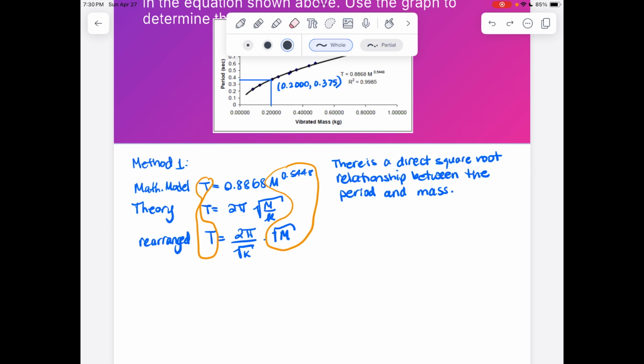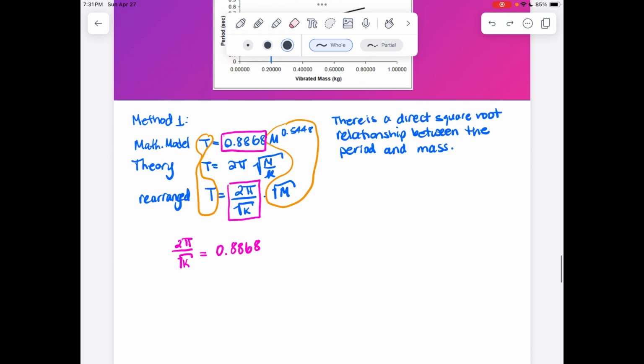So then what's left? I've got this 0.8868, right? The coefficient in front of the square root of mass. Therefore, that's got to be equal to what's left over in the theory, the 2 pi over square root of k. So I can just set those equal to each other. And now this is just algebra. I could solve for the square root of k.